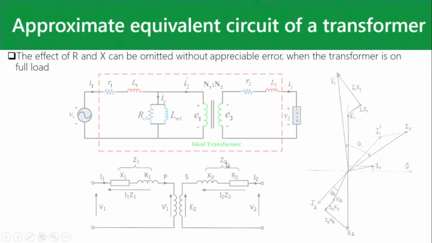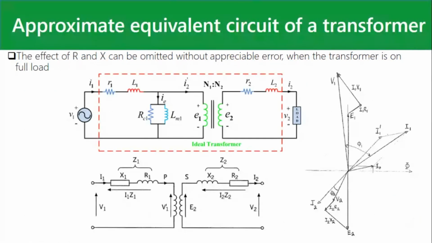All right. So now if we look at our equivalent circuit, it's a little bit complicated. I mean, really, if you look at it, what on earth are we going to do with this thing? It's very difficult to work with. Because this is what we had, I0.